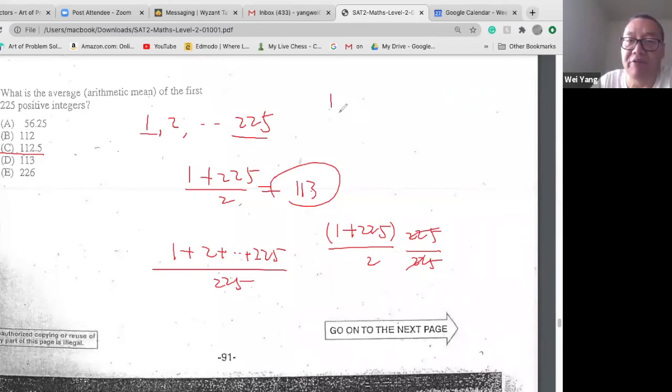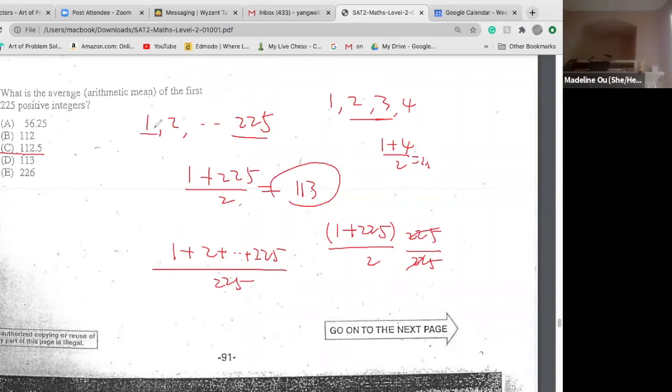Suppose you have 4 numbers, 1, 2, 3, 4. If you try to calculate the average, oh, this still works. You can use 1 plus 4 divided by 2, get 2.5. This one also works. 2 plus 3 divided by 2, 2.5. Yeah, just use the first number plus last number, then divided by 2. This gives you the correct answer.